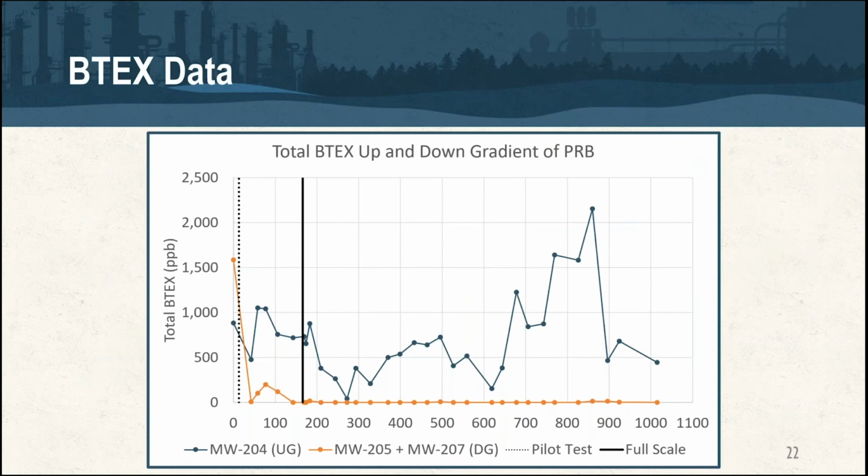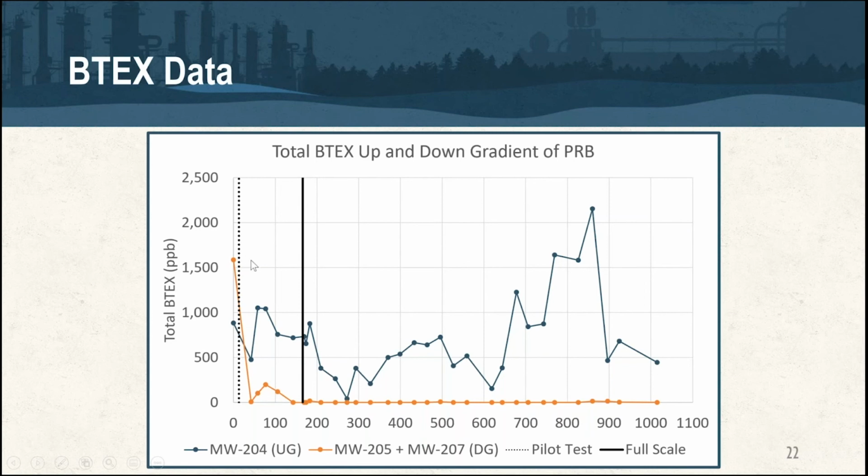You see here the blue is the total BTEX coming in. The dashed vertical line is the pilot test. The solid is the full scale. You can see that our initial concentrations were close to 1,000 up gradient, and down gradient close to, say, call it 1,600 ppb.